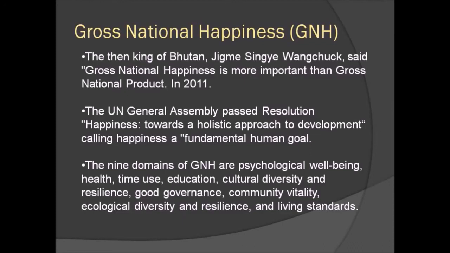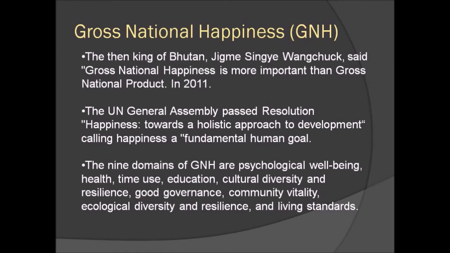And it urged the member nations to follow the example of Bhutan and measure happiness and well being, calling happiness a fundamental human goal. The four pillars of the GNH are sustainable and equitable socio-economic development, environmental conservation, preservation and promotion of culture, and good governance. And all these factors are essential for the happiness of the citizens of that country.